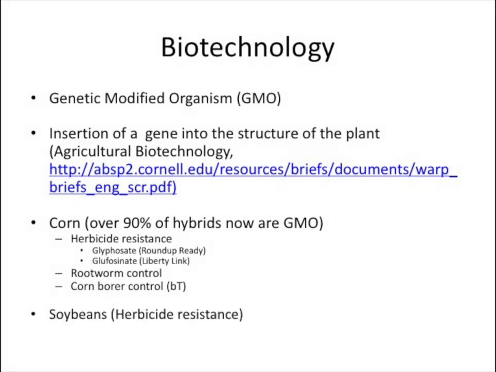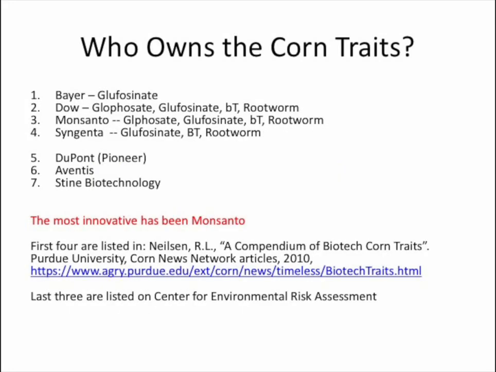In soybeans, a pretty prevalent GMO modification is herbicide resistance. All of these traits or combinations of traits are owned by companies, and actually what they own is the event that causes them. You see here a list of 7 companies that own corn biotechnology traits.